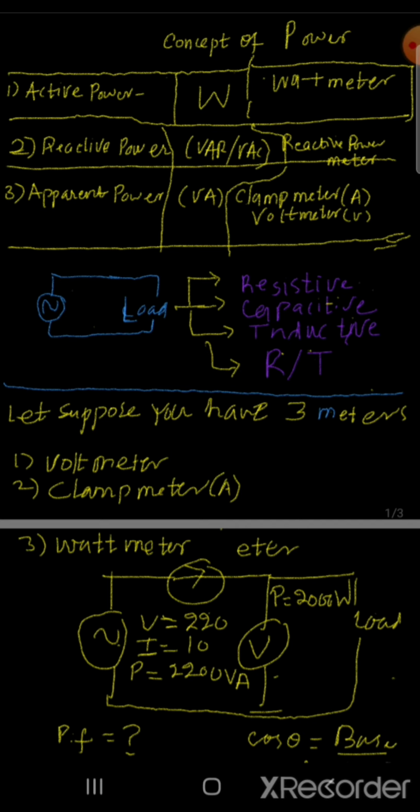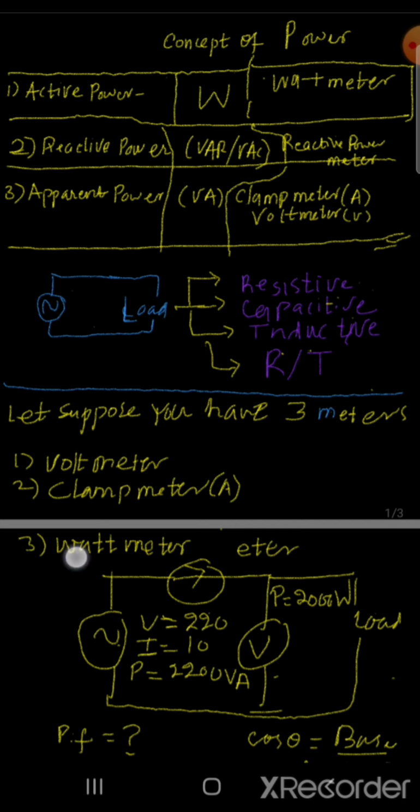Now let us consider a resistive inductive load and try to calculate all the power values for such a circuit. Let's suppose we have a voltmeter, a clamp meter and a wattmeter as available instruments to measure these three powers. So how will we be able to find the power factor and the reactive power?